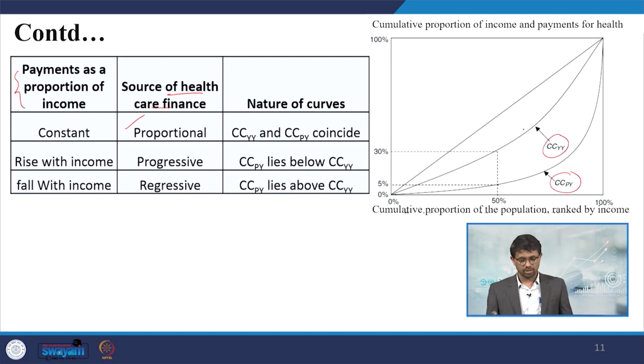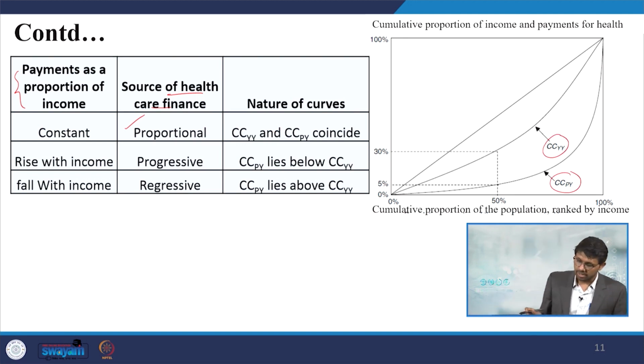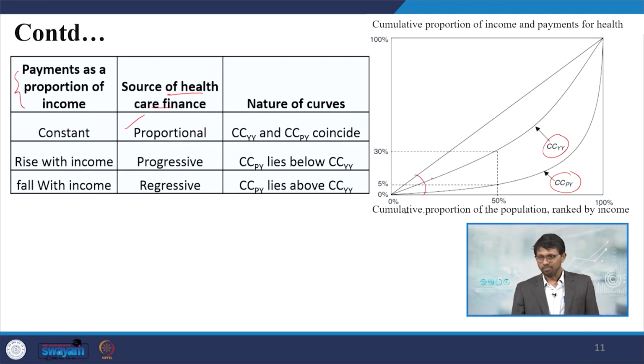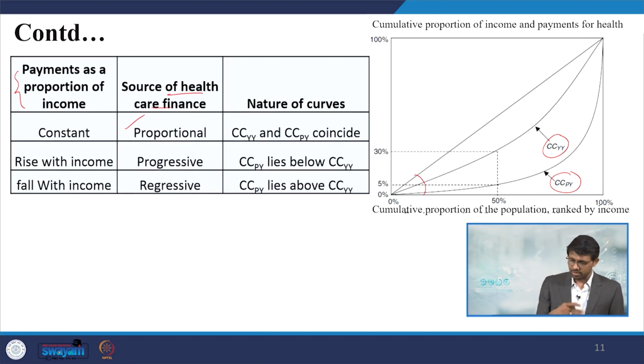So, when I say inequality is perfectly the same in both cases, then that will coincide with the 45-degree line. Otherwise, if the changes are proportional and income proportion is also constant, then these two lines are coinciding.